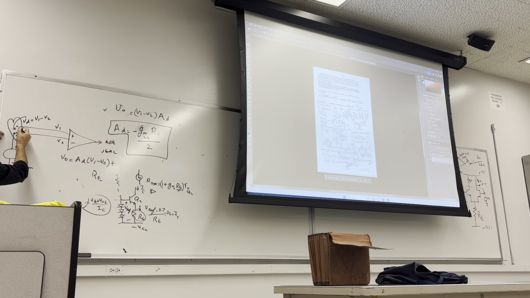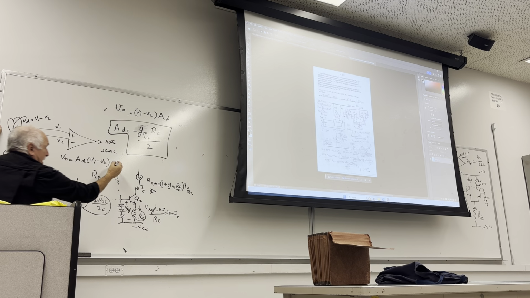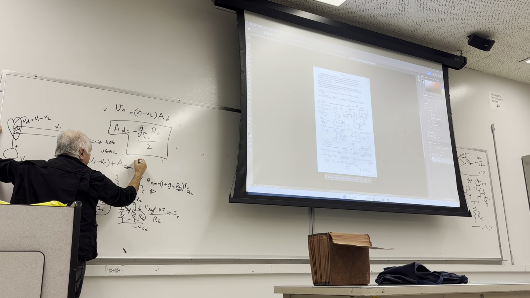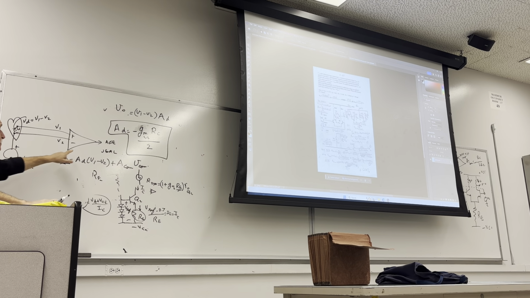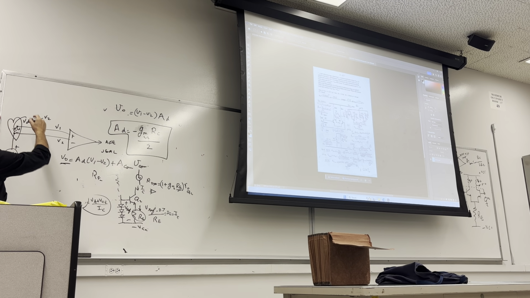So that voltage is superimposed on that voltage, ACOM multiplied by VCOM. So the actual output of a differential amplifier is the good signal, that tiny little signal, VD, which is the info signal, the good signal.